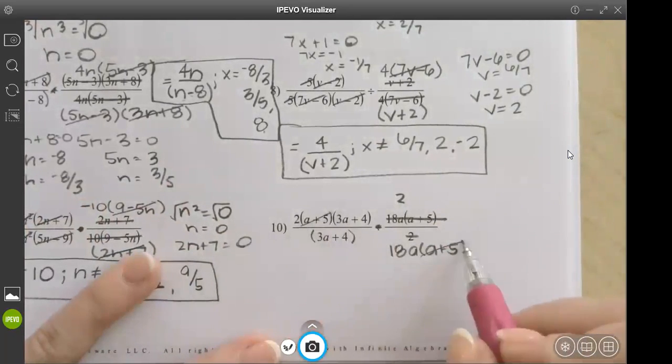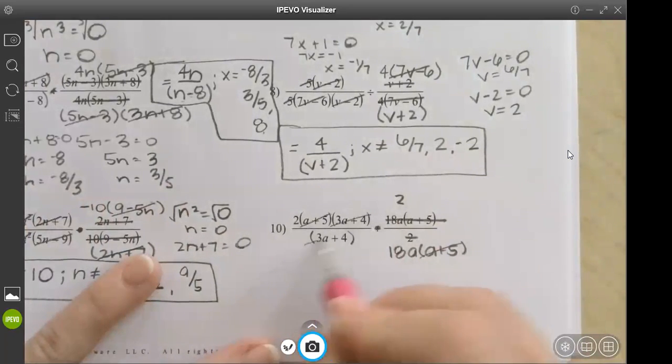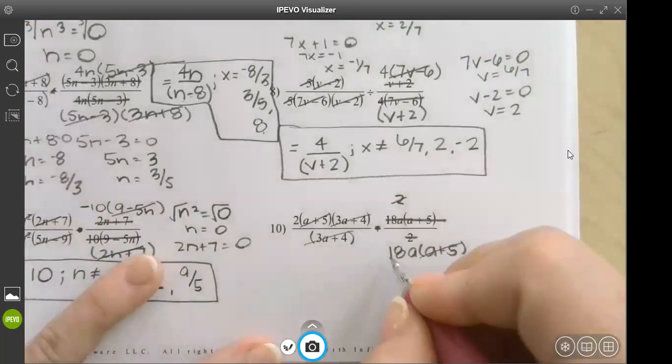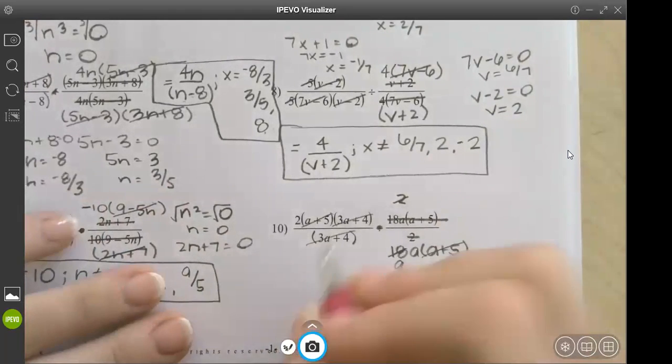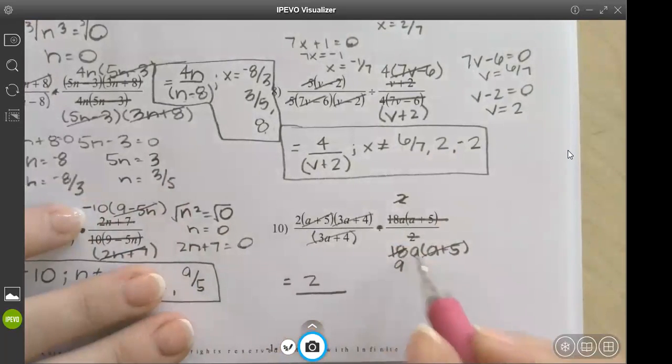A plus 5. 3a plus 4. One more thing. 18 and 2. So this changes to 9. So on the top, what's the only thing I'm left with? 2. On the bottom, 9 and a.